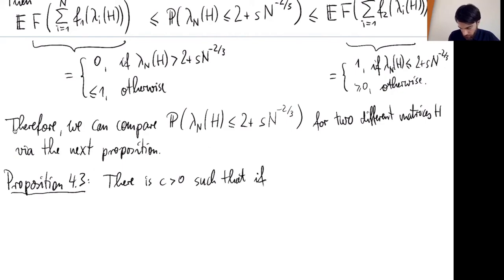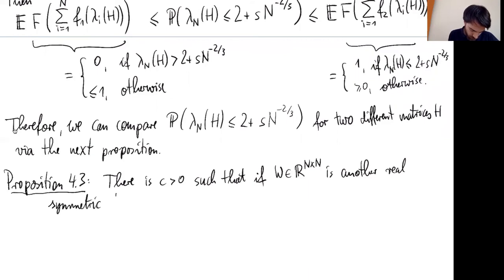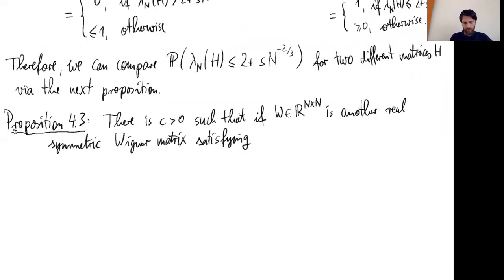If we have another real symmetric Wigner matrix W, which has the following conditions: it matches the matrix H at least in the first and second moment.